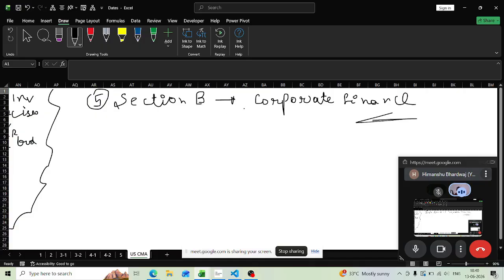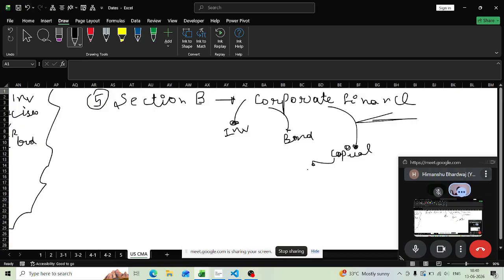So again, you'll learn about investment decisions here, how bonds work, and how you make sure that your capital structure is efficient. Capital structure means where you are raising money from for the business.